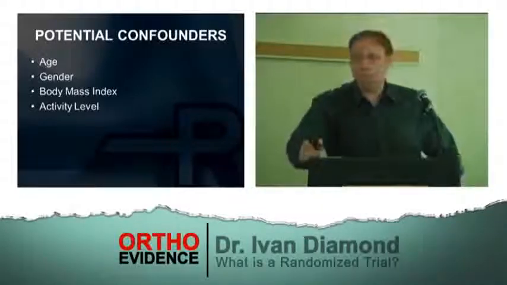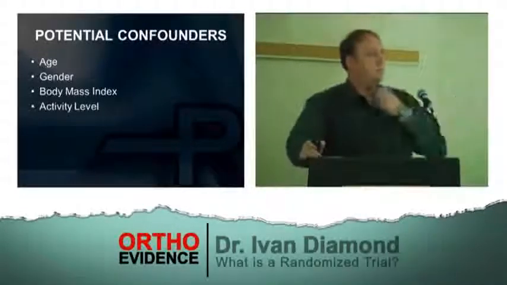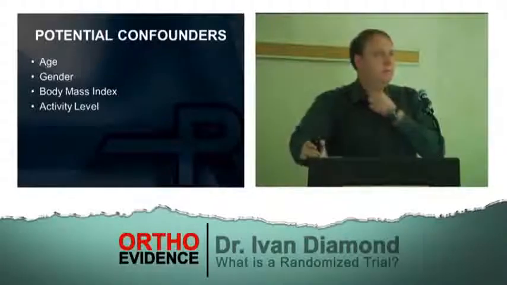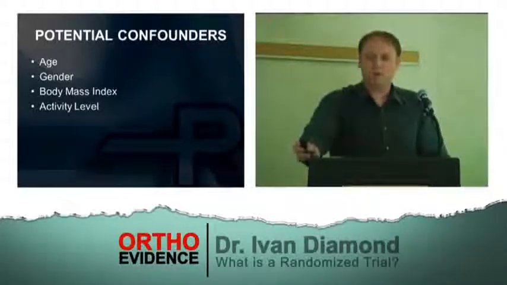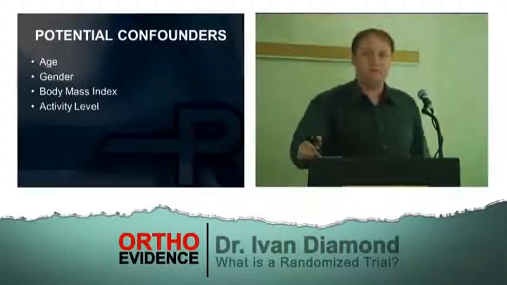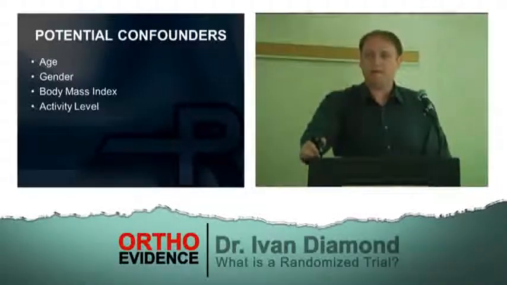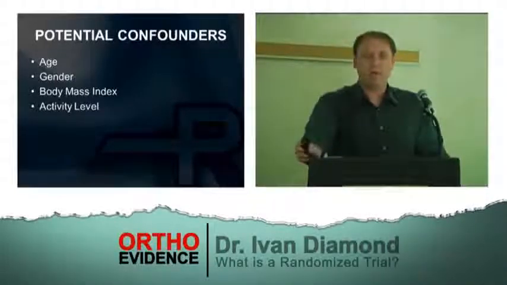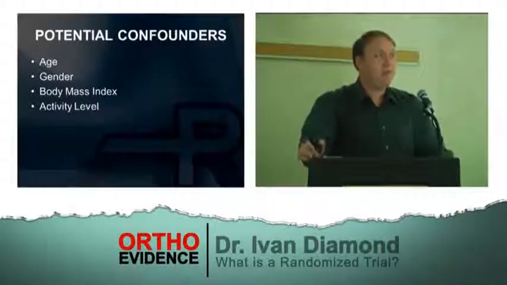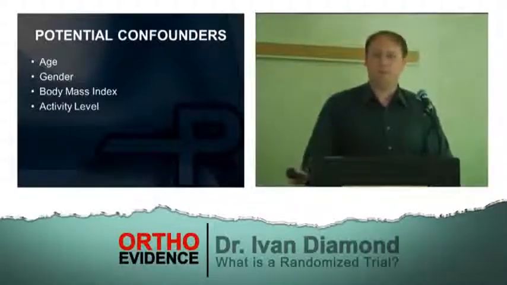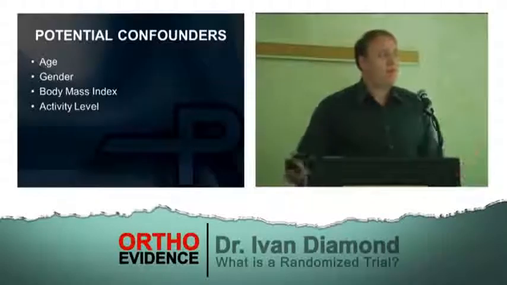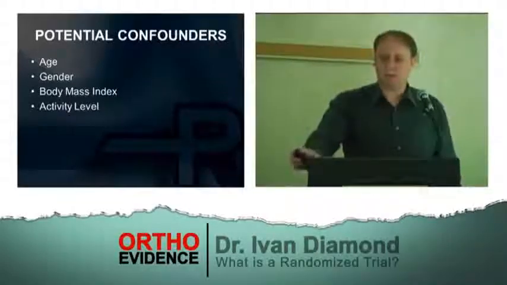They may like one implant better than the other. Things like age, again getting to the appropriateness, gender, body mass index, activity level, and surgeon skill with one particular procedure over another may have a very significant impact on outcome.